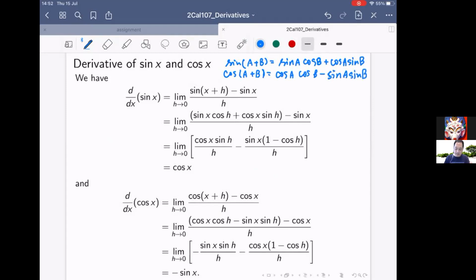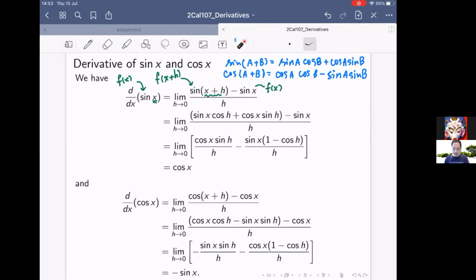Why is that? Because here we are going to need f of x plus h, right? And here is your f of x. So it means that your input must be x plus h here, and then minus f of x, right? So using the sine of a plus b, it becomes sine x cosine h plus cosine x sine h.